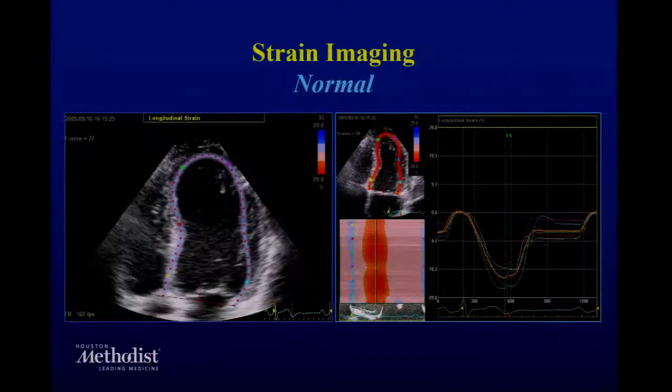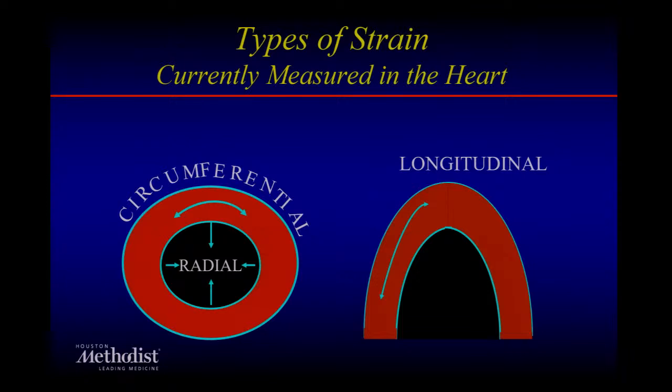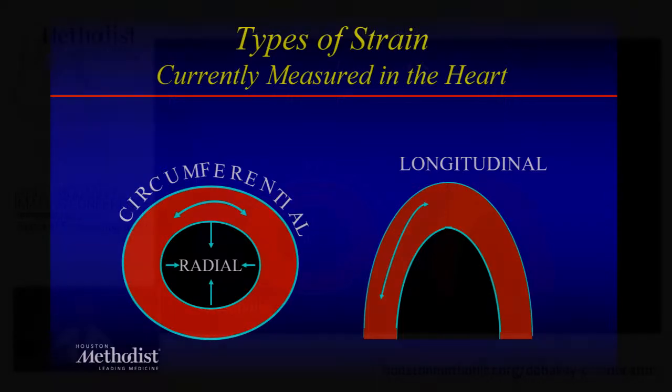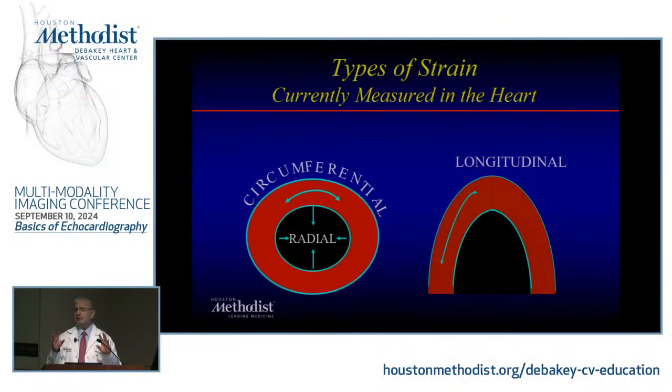So the three types of strain are circumferential, radial, and longitudinal strain. Most of the time what you use is longitudinal strain. Remember that longitudinal strain may not necessarily mean just pure ejection fraction. They are not equal. They have a relation, but they're not equal.